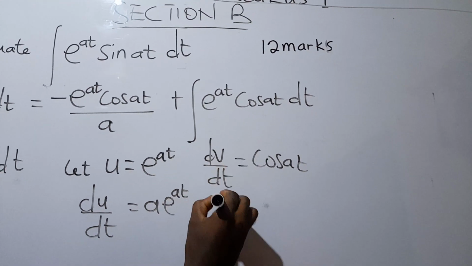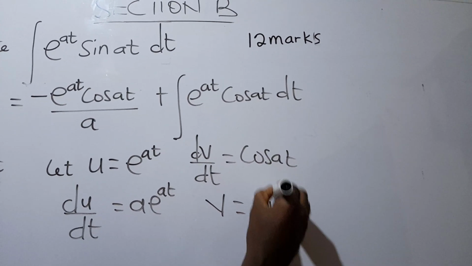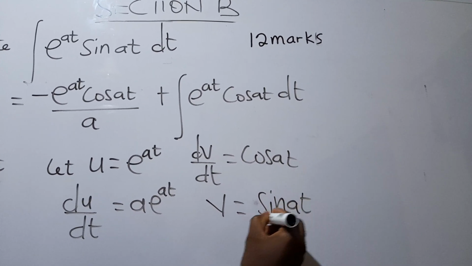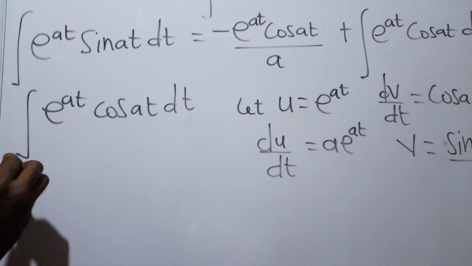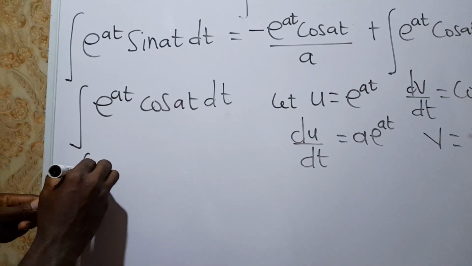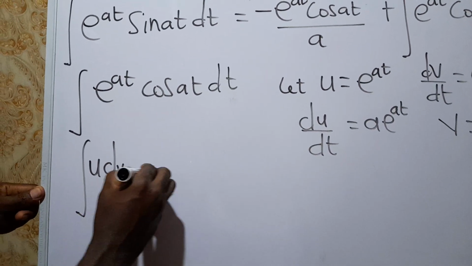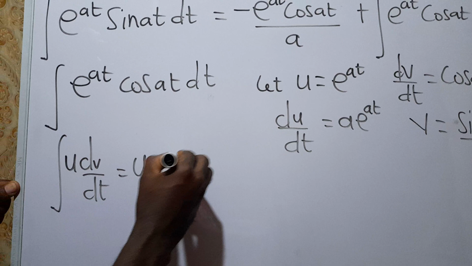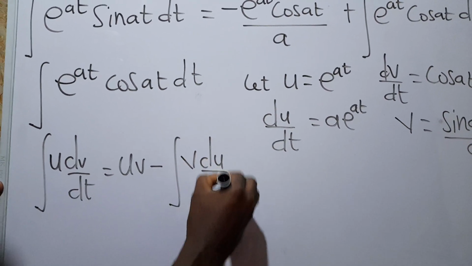And when we integrate this to get v, it will be equal to sin(at) over a. Now remember integration by parts, which says that the integral of u dv/dt is equal to uv minus the integral of v du/dt.